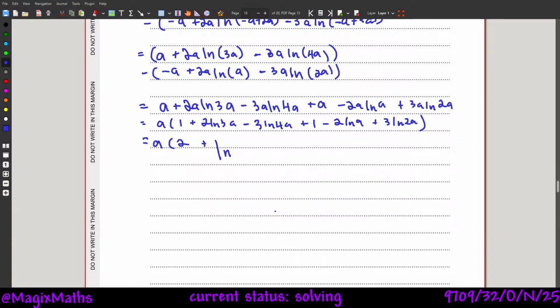So we have this one large logarithm, and we just rewrite them: 3a squared. If it's minus, then we divide it. So it's 4a cubed. Then we have a squared. Oh, this is not squared, it's a cube. And then the final one, 2a cubed.